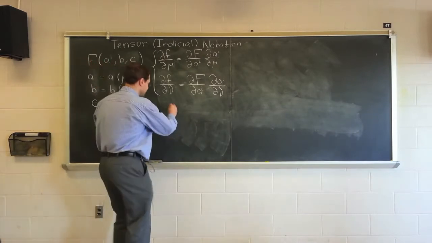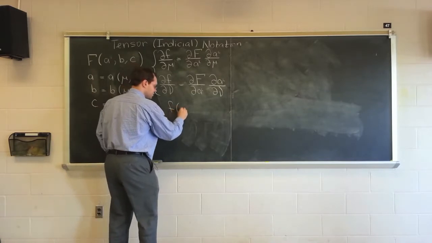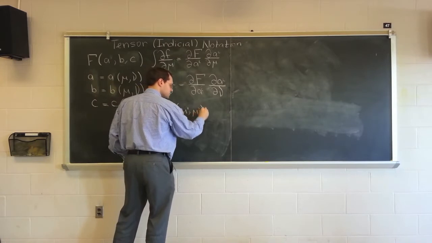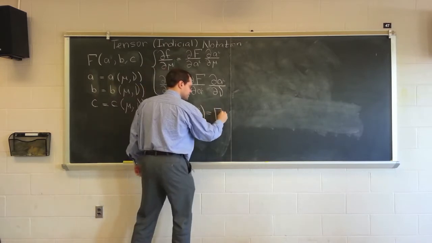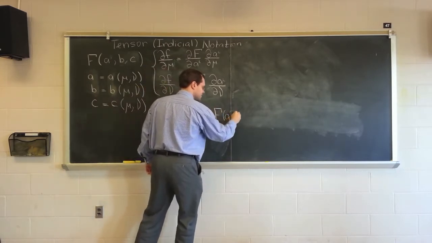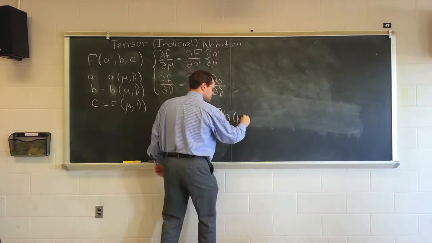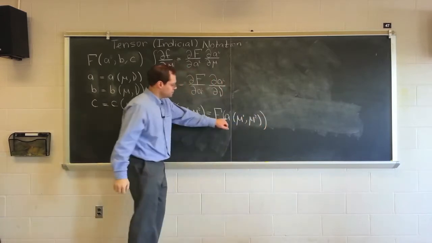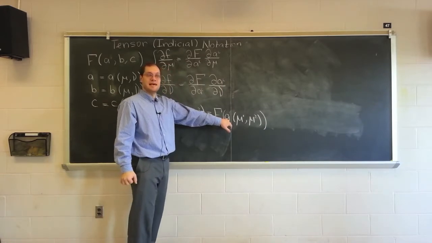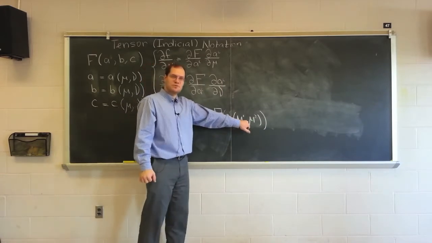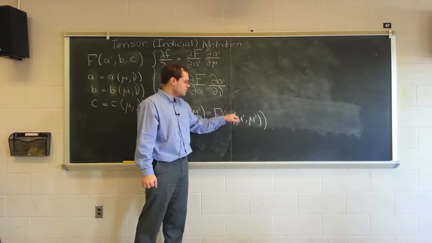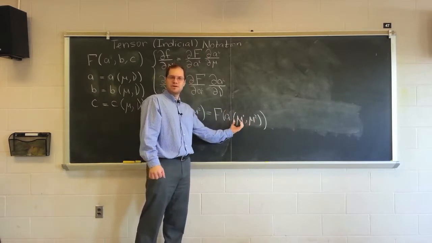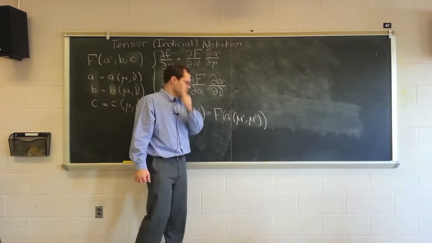So now you can write f of mu1, mu2 equals F of a of mu1, mu2. And remember that when you see this, it means a1 of mu1, mu2, a2 of mu1, mu2, and a3 of mu1, mu2, but compressed into this notation.